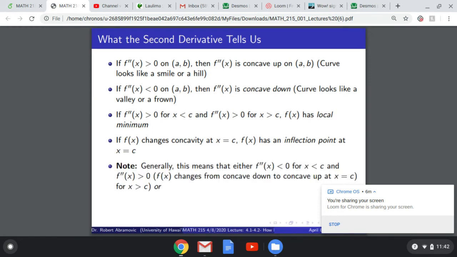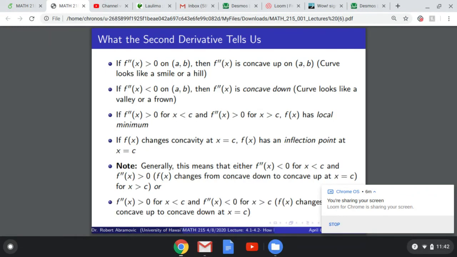This means f double prime of x is less than 0 for x less than c, and f double prime of x is larger than 0 for x larger than c. It changes from concave down to concave up, or from concave up to concave down. F double prime is positive for x less than c, and f double prime is negative for x larger than c.